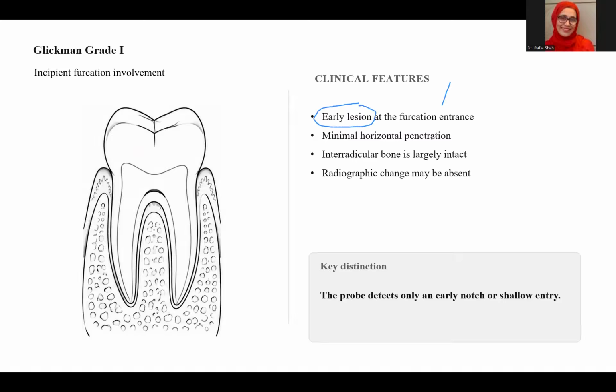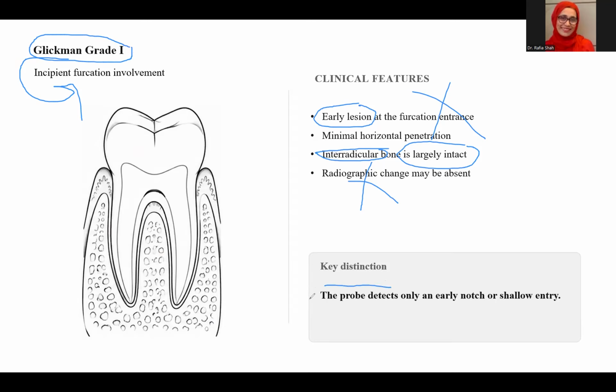We cannot see it clinically. There is very little loss of interradicular bone, but it is largely intact, and there are no radiographic changes in this particular case. Glickman's grade 1 is called incipient furcation involvement.